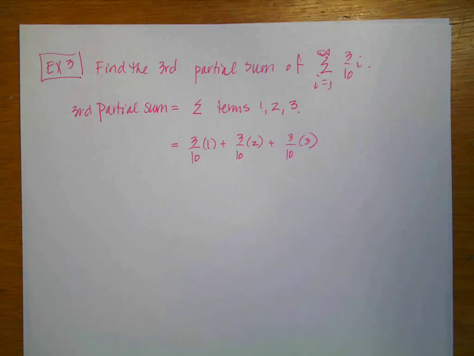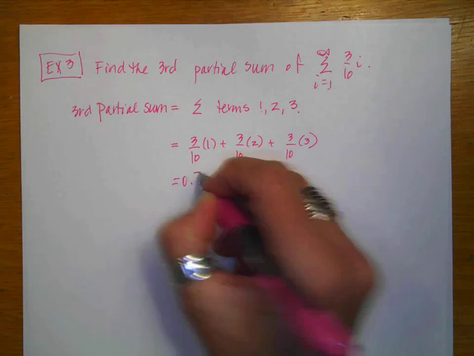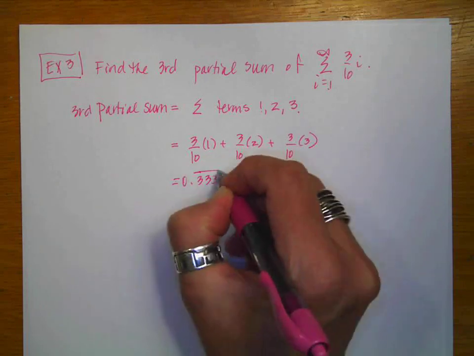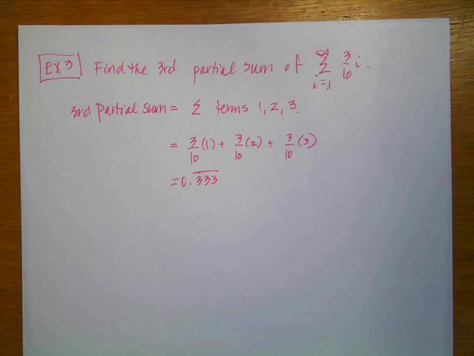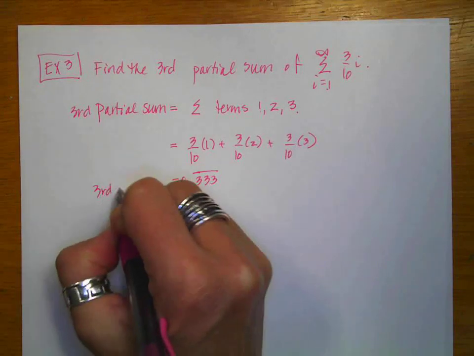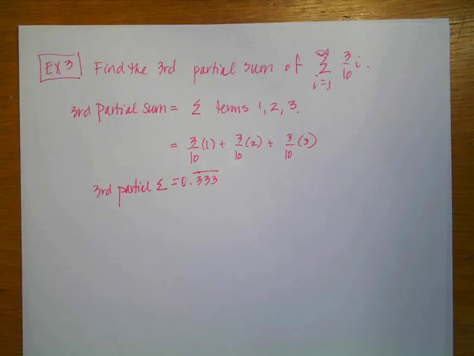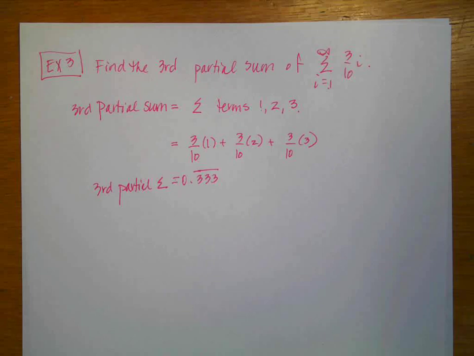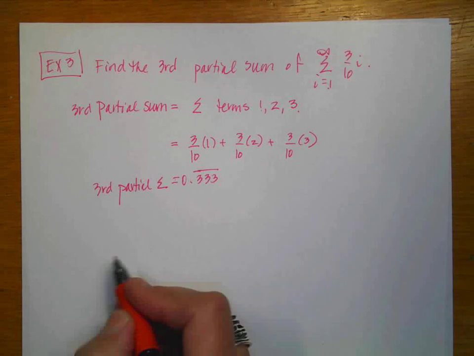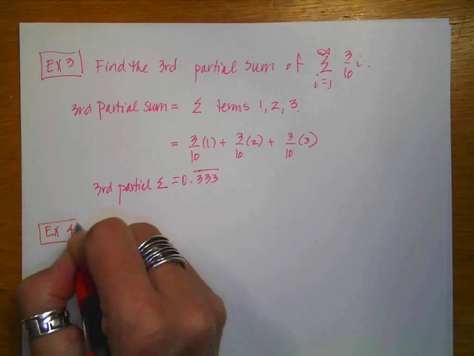And again, this is n is 1, n is 2, n is 3. If you did that math, you would get 0.3 repeating. We always go to 3 decimal places, so we would do 0.333 repeating, and this would be the third partial sum. Okay? All right. Let's do another variation on this problem.